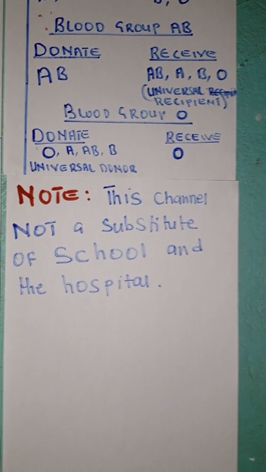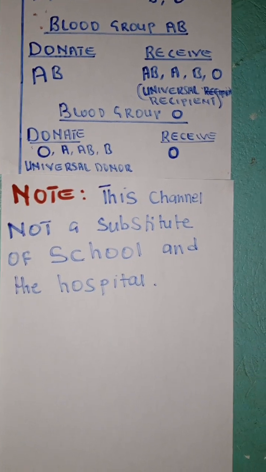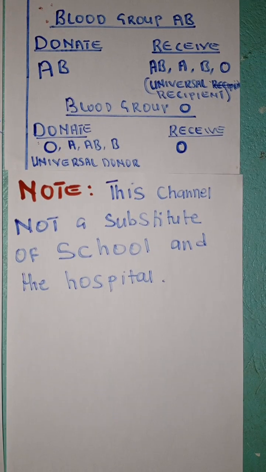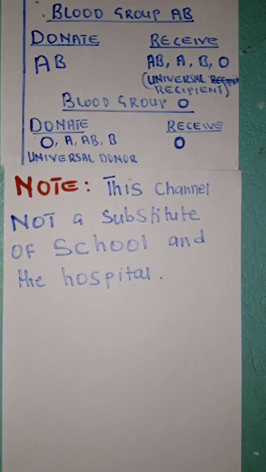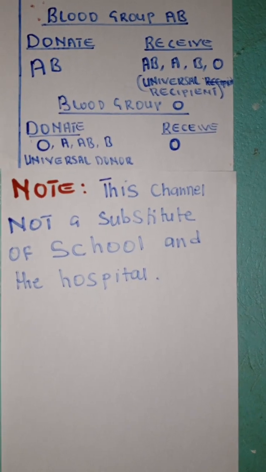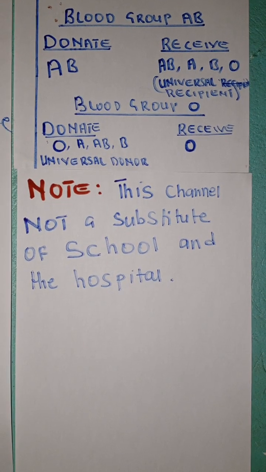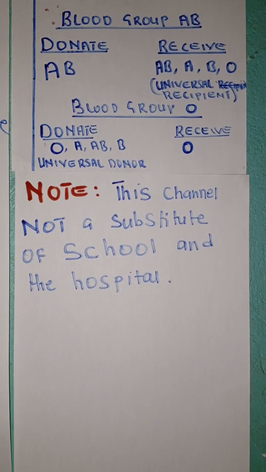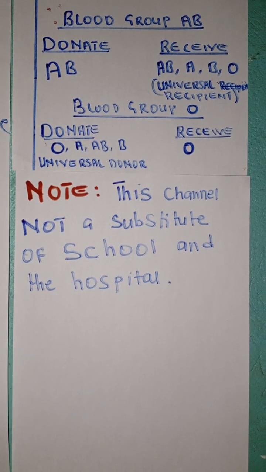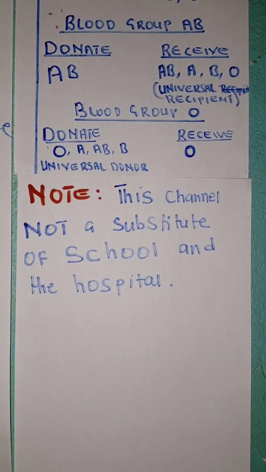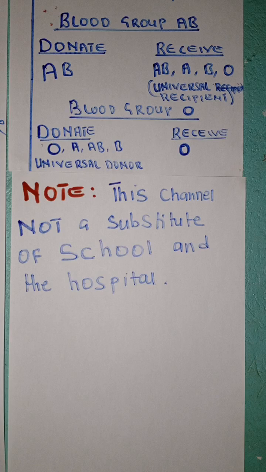As a recipient, blood group O can only receive blood from blood group O, because they have antibodies A and B. So A cannot donate to group O, B cannot donate to group O, and AB cannot donate to group O, because they will react.